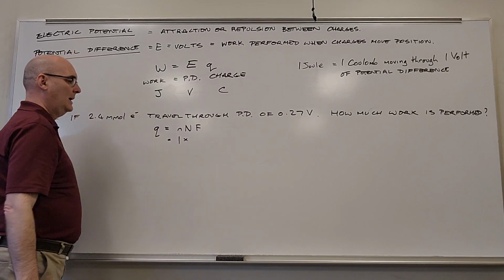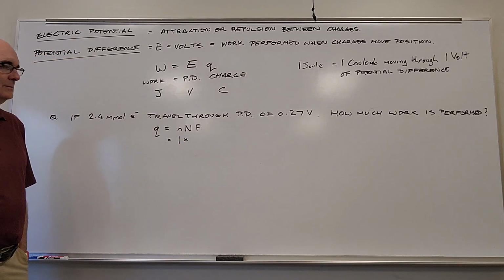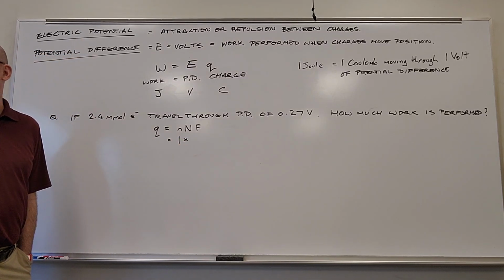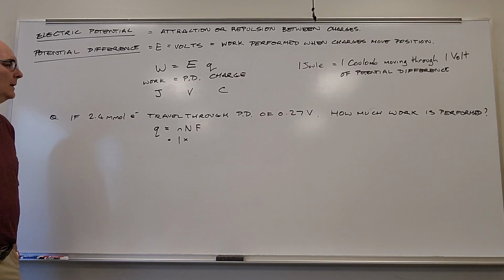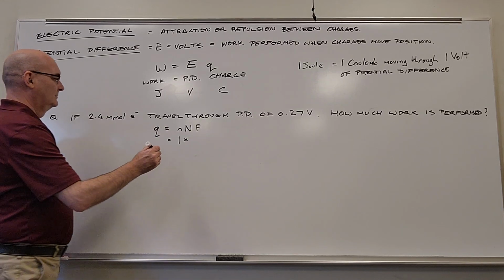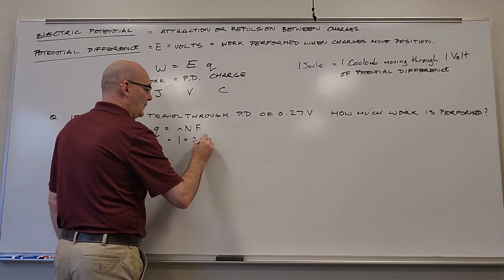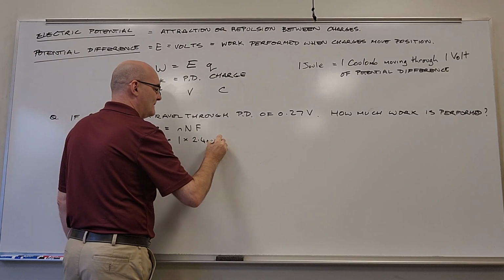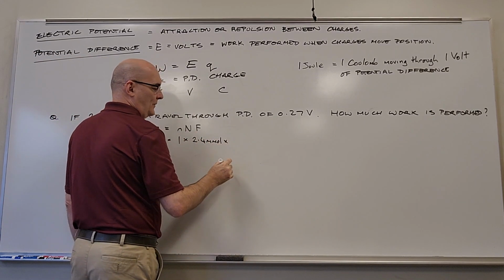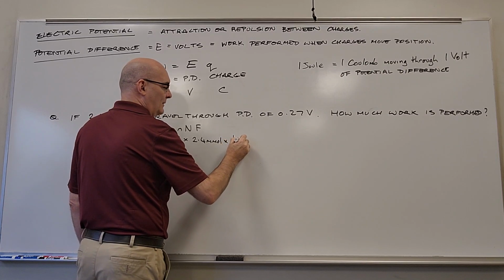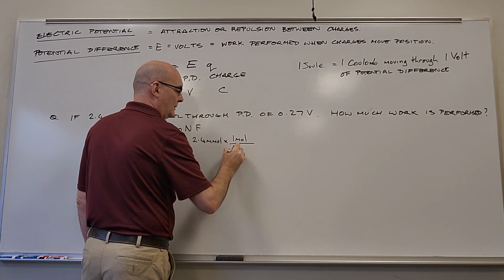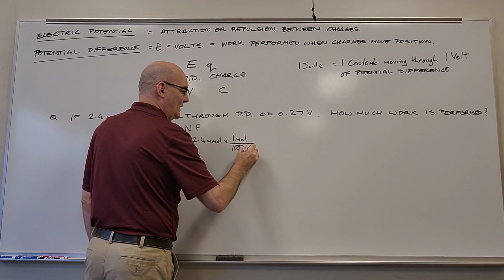And then n, the big N, which is never the big N in chemistry, it's always the little n, is the number of moles, which is 2.4 millimoles, with the conversion factor of 1 mole is 1,000 millimoles.